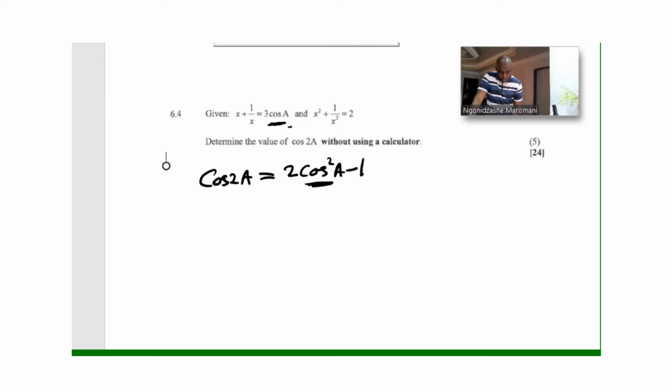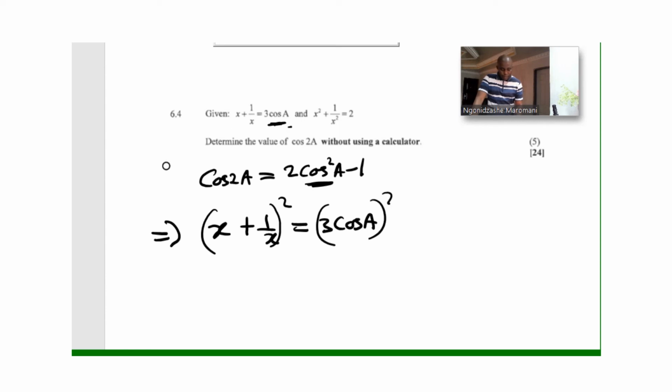To create a cos squared, we use the given x plus 1 over x is equal to cos a. This is just given, not an identity, of course. So we square both sides. Why are we squaring both sides? We want to create a cos squared.